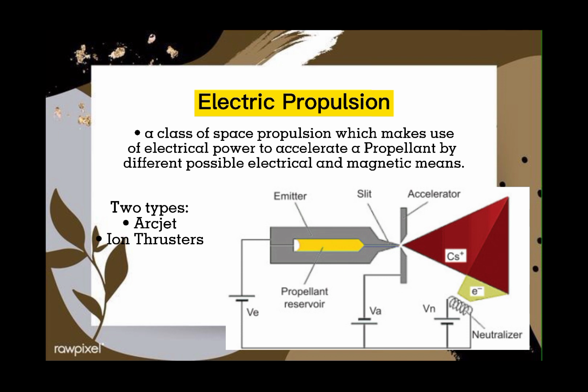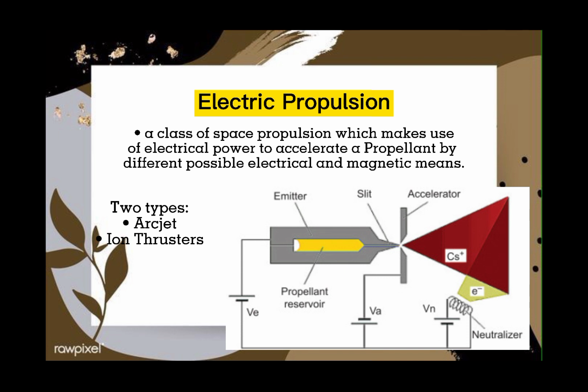Unlike chemical systems, electric propulsion requires very little mass to accelerate a spacecraft. The propellant is ejected up to 20 times faster than from a classical chemical thruster, and therefore, the overall system is many times more mass efficient.